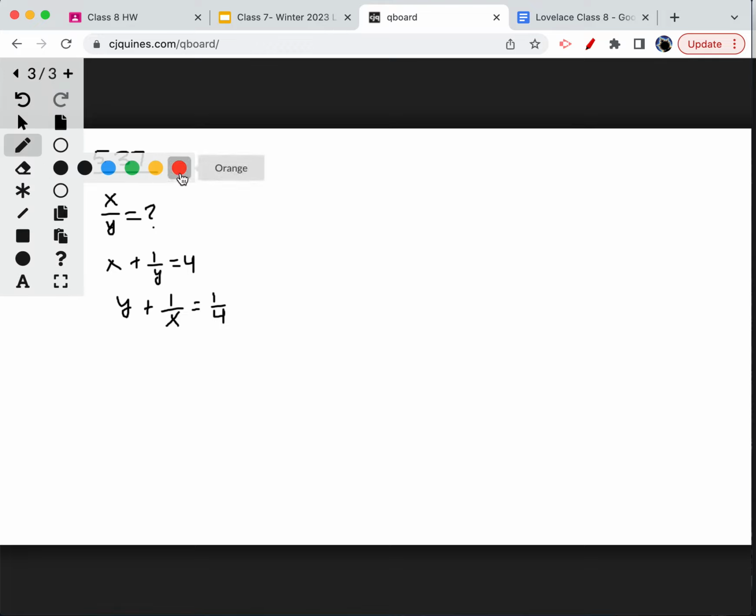Okay, so as a hint, consider what happens when you multiply this whole equation by y and when you multiply this whole equation by x.